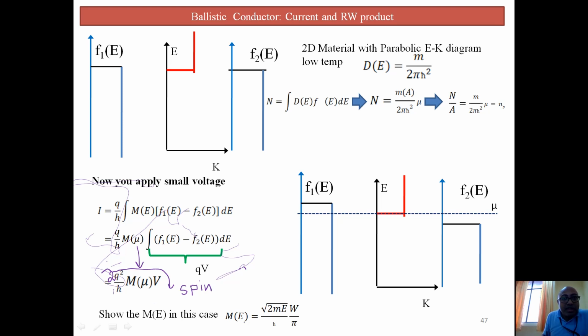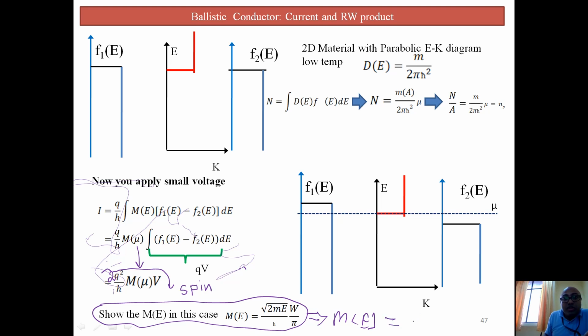Now in that case, you have to calculate. This is your homework, because I already told you how to write ME. In this case, yes, you can calculate ME, and ME is proportional to DE into pi H bar Vx by L. If you do all this exercise, you will get ME is like this one, 2 root over 2 ME W by pi.